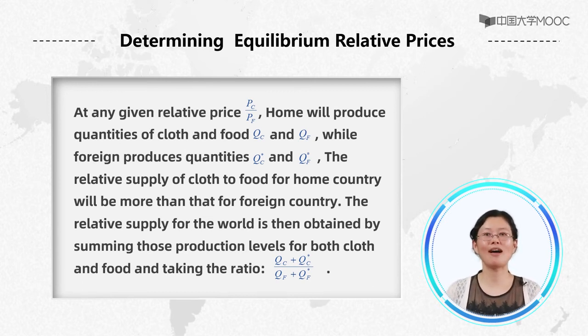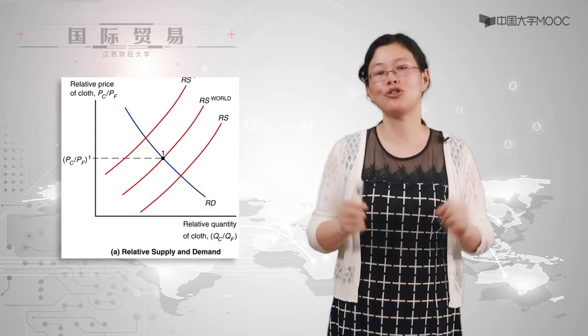The relative supply for the world is then obtained by summing those production levels for both clothes and food and taking the ratio QC plus QC star divided by QF plus QF star. So the relative supply curve for the world must lie in between the relative supply curves for both countries, as shown in figure 1a.